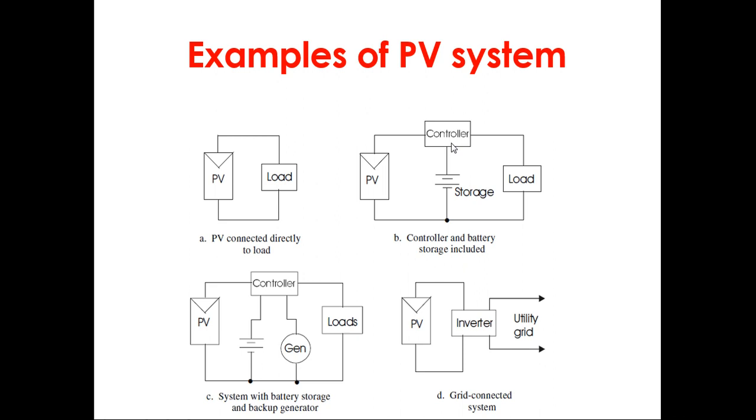If we can accommodate the controller and the battery, then according to the load demand, the PV will generate the power. If the load demand is excessive compared to the rating of the module, the controller turns on the switch on the storage medium, and the storage acts as a backup system, with backup storage and generator.